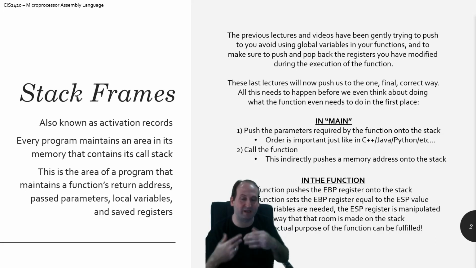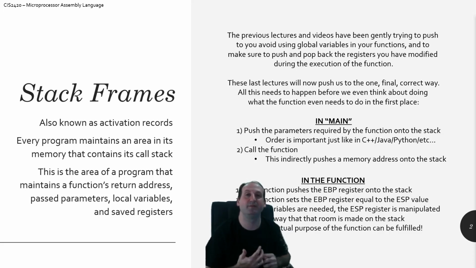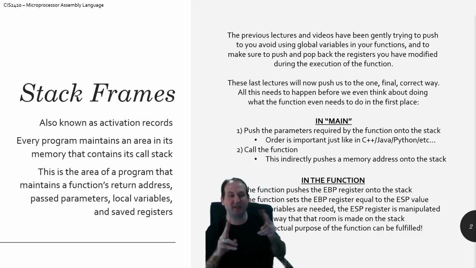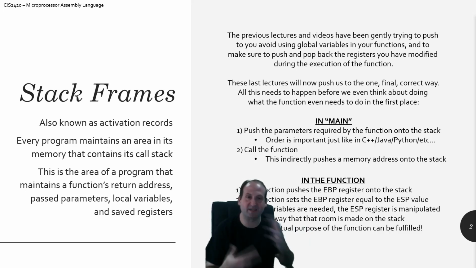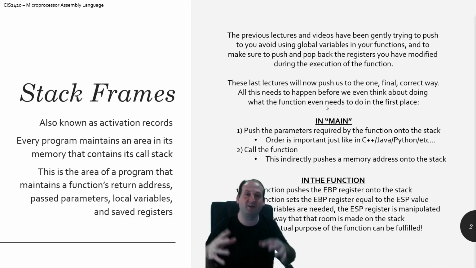EAX usually gets blown out because you usually return something, but everything else gets put back when it's done. Those two things are huge when it comes to making sure all the registers and variables are in the correct position, and you get the correct result from what the function is supposed to do.